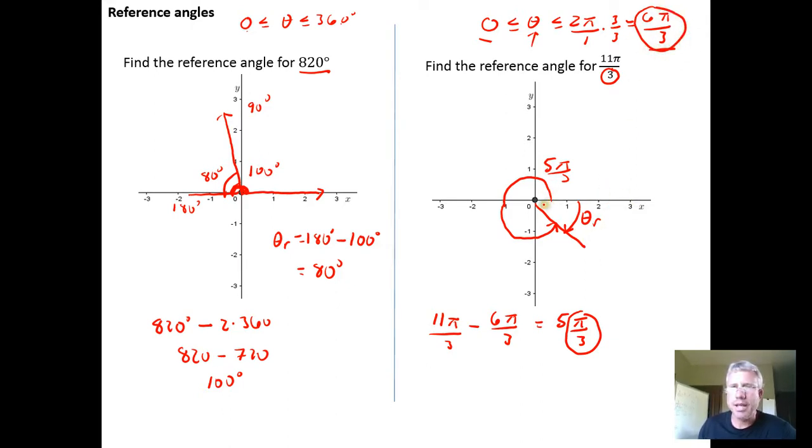So I would take a full rotation, 6 pi over 3, and to calculate theta r, we're going to subtract the partial rotation, 5 pi over 3, to get the little wedge that's left. So minus 5 pi over 3 is going to be pi over 3 radians for our reference angle.